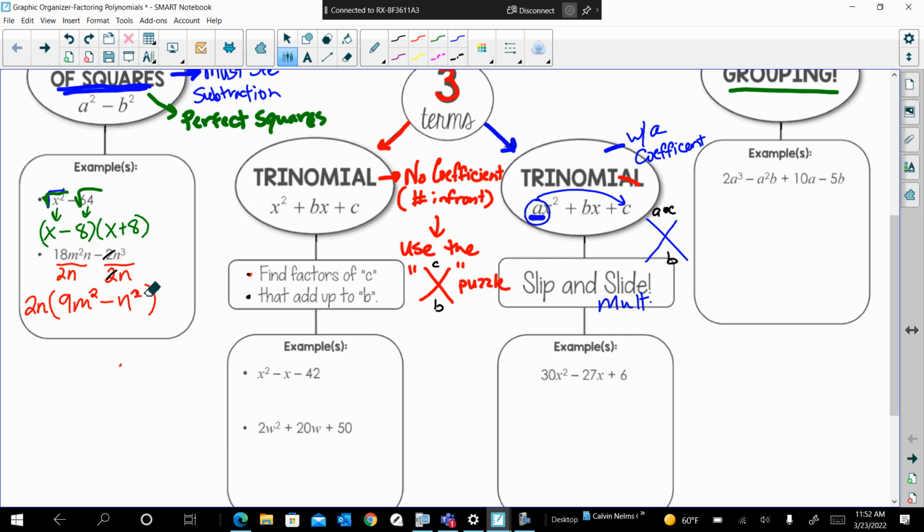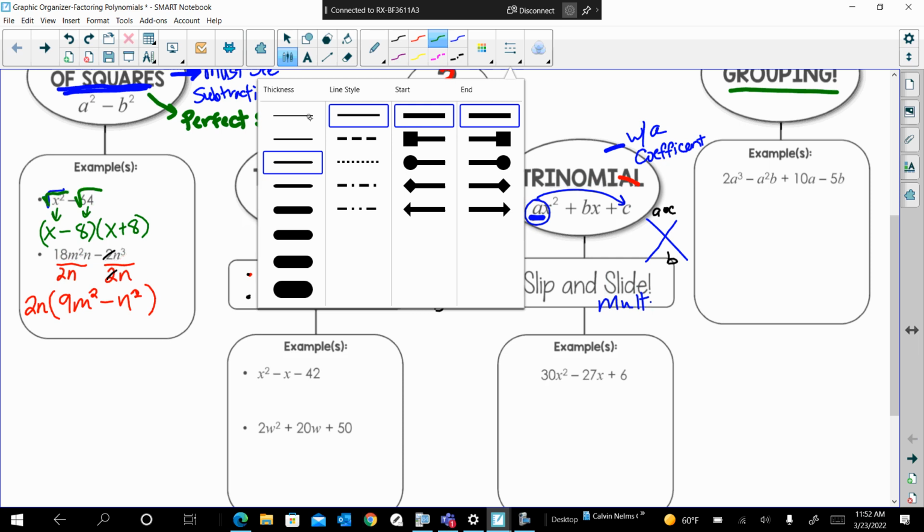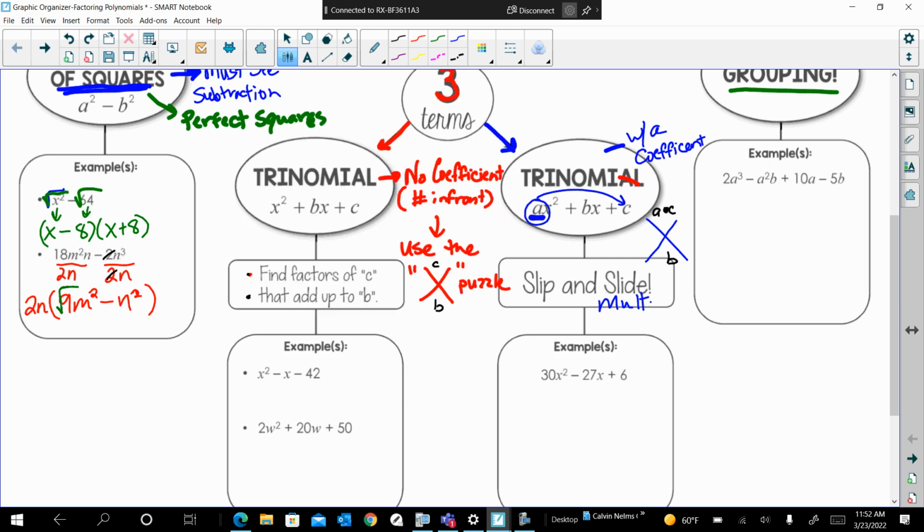All right, so now when I look at this, I have a perfect square for both. 9 is a perfect square and m squared is a perfect square. The square root of 9m squared would be what? What's the square root of 9? 3m. Yeah, so this would just come out to be 3m.